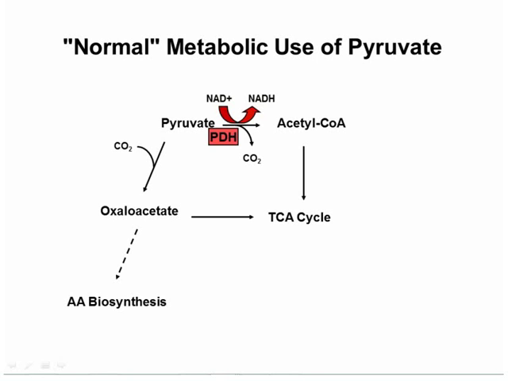So this is 2 carbon, this is 4 carbon. Citrate, citric acid, 6 carbon, 6 carbon. You get carbon dioxide here, 5 carbon, get carbon dioxide here, and from here on in we're 4 carbon.